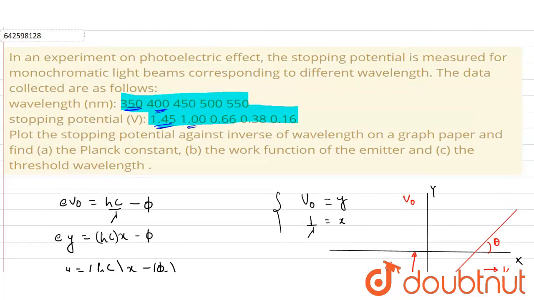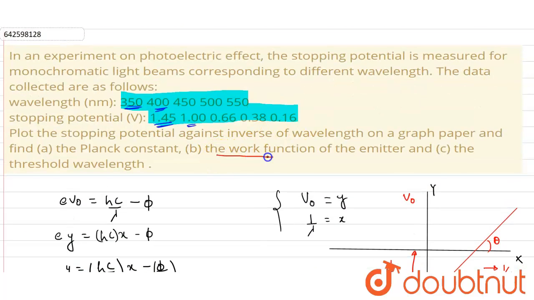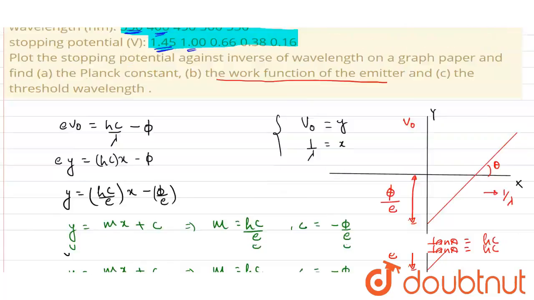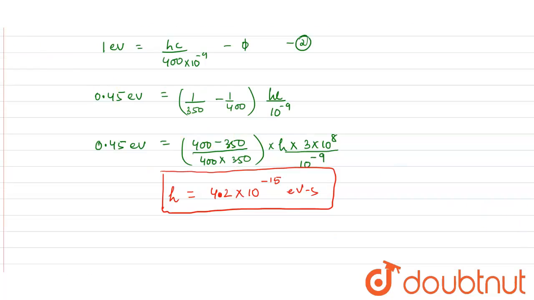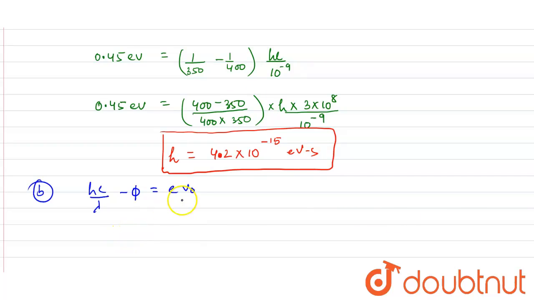Now in the second part we have been asked what will be the work function of the emitter. So we will use one of the data from above. For the work function, hc by lambda minus phi equals e times V naught, from the relation of stopping potential and the maximum kinetic energy.